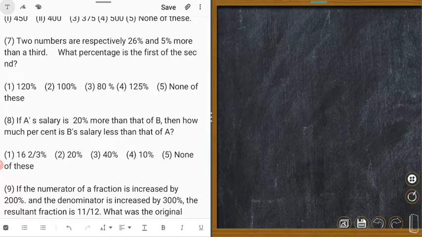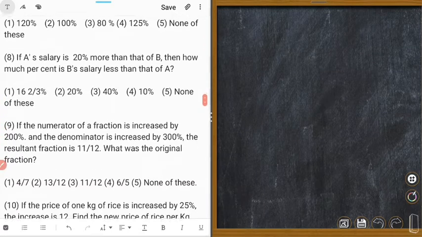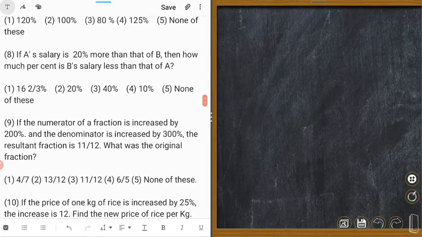Next one, number 8. If A's salary is 20% more than that of B, then how much percent is B's salary less than that of A?